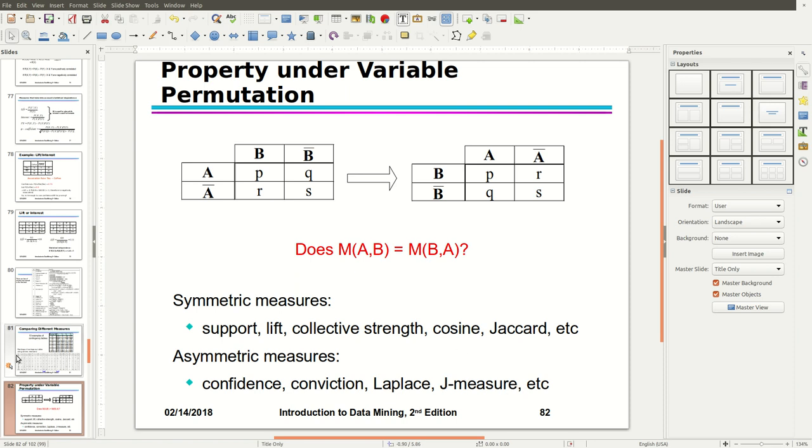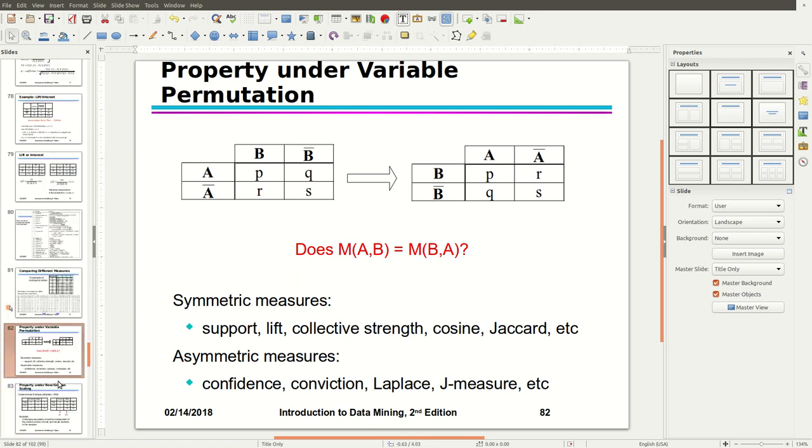So these measures can be property under variable permutation. So it may vary, right? As I change, depending on symmetric or asymmetric, it can actually have a different number if it changed under variable permutation.